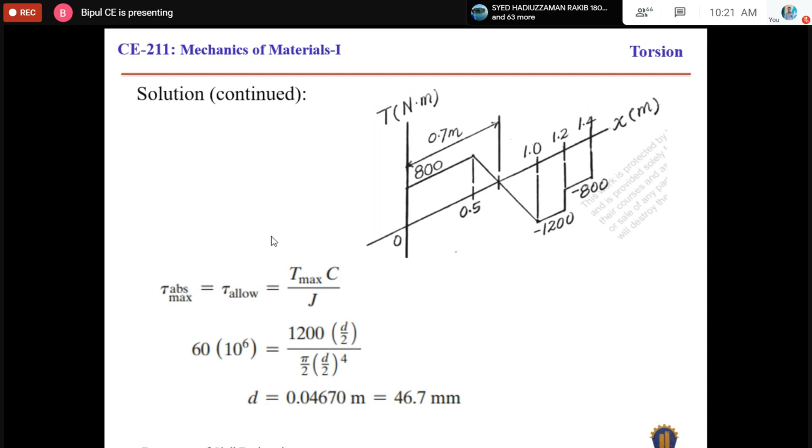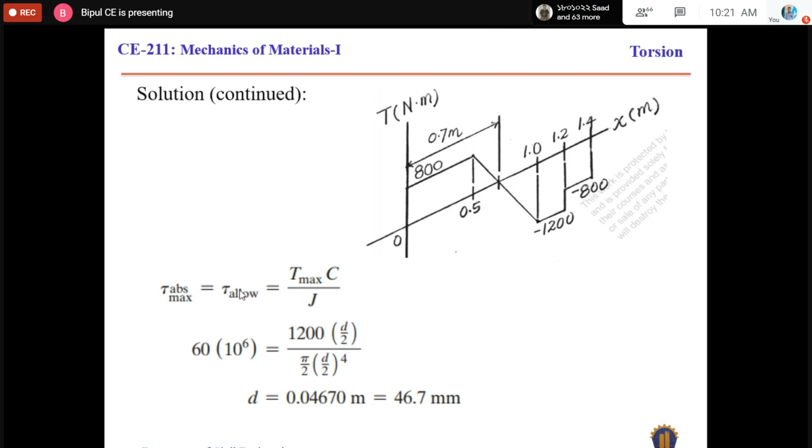To determine the size of the shaft, we will consider the maximum or critical condition. So the maximum stress is tau max equals T max c by Z. T max means the maximum developed torque, c is the radius of the shaft, and Z is the sectional property of the shaft.